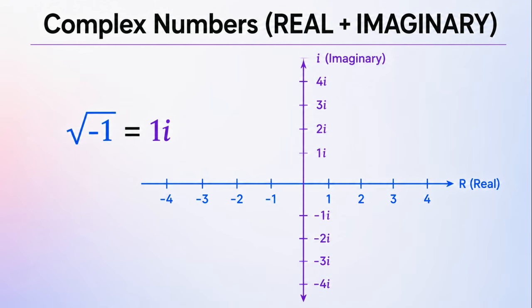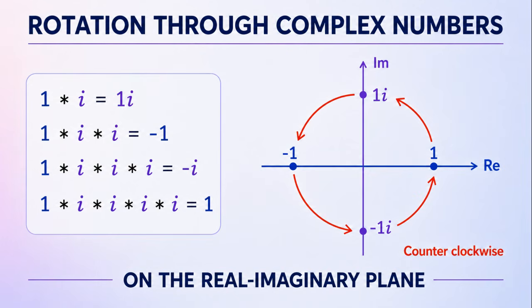The imaginary number i is defined as the square root of -1. i squared equals -1. i cubed equals -i, and i to the 4th power equals 1, completing the rotational cycle. Rotation in 2D can be expressed as a 2D coordinate system on the real imaginary number plane.